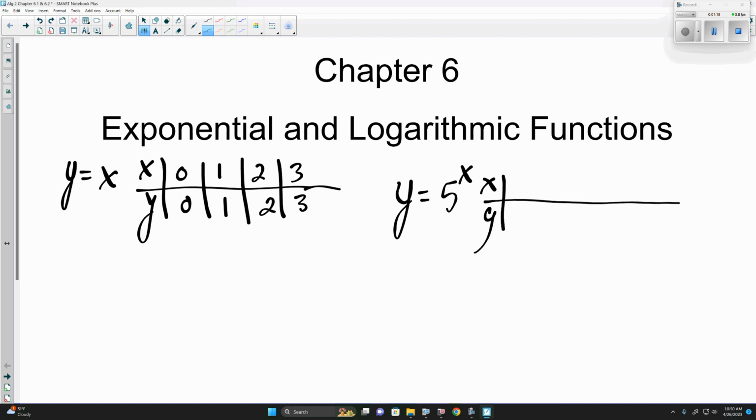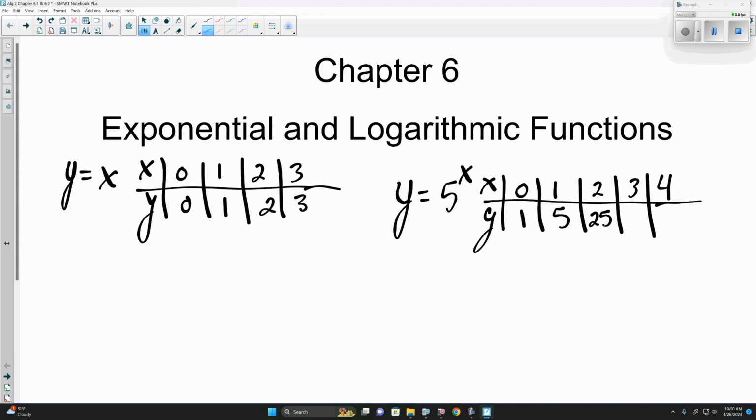And as we plug the x values in, 0, 1, 2, 3, 4, well, when x is 0, y is 1. We plug it in, we get this here. When x is 1, y is 5. Well, we can see from 0 to 1, x increased by 1, but the y values increased by 4. If we plug 2 into x, we get a y value of 25.